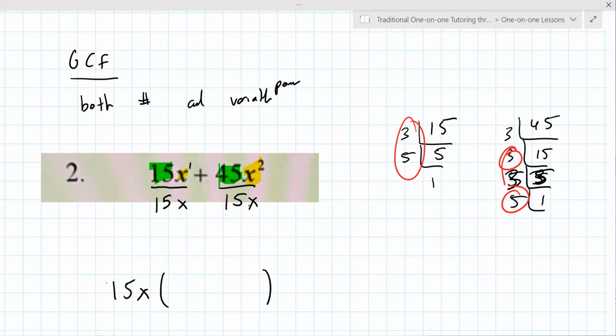So it's 3x. The first one is 1 plus 3x. When they're the same on the top and bottom, they go away completely.